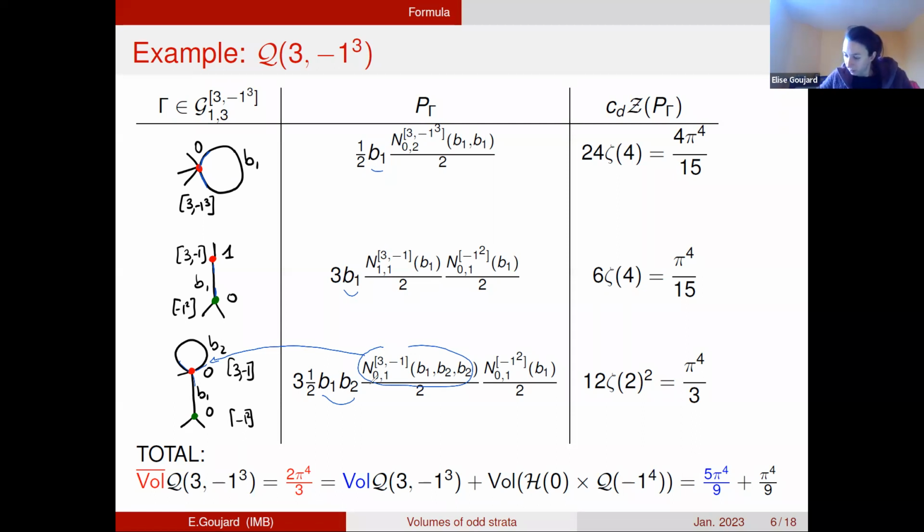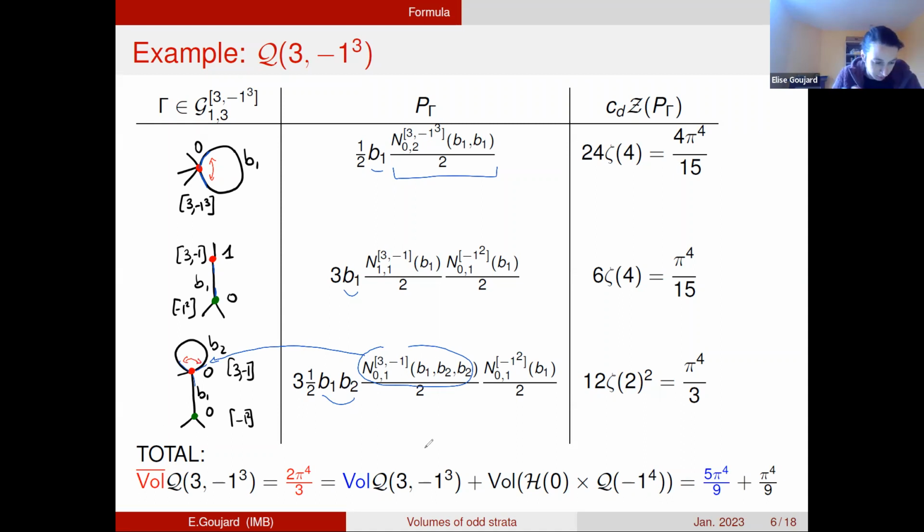And the 2 in the denominator is the order of the automorphism of the graph. Here you get this exchange of the two half edges, if you want, and here also you get this automorphism too.